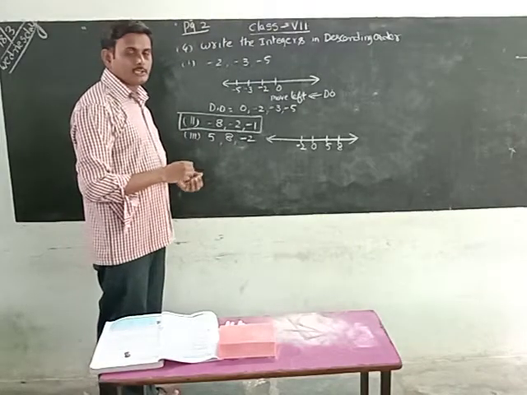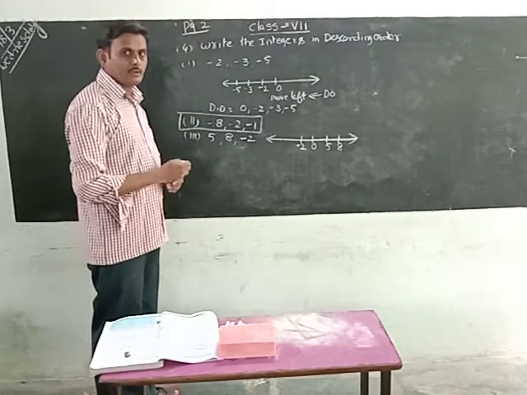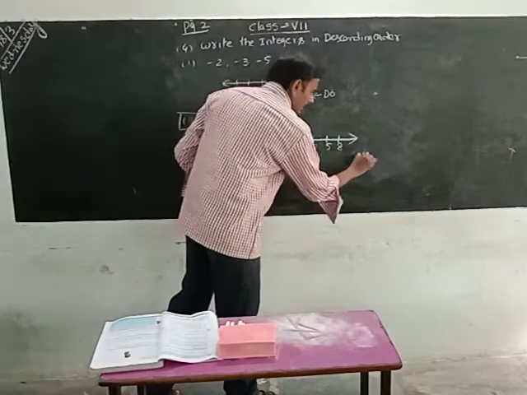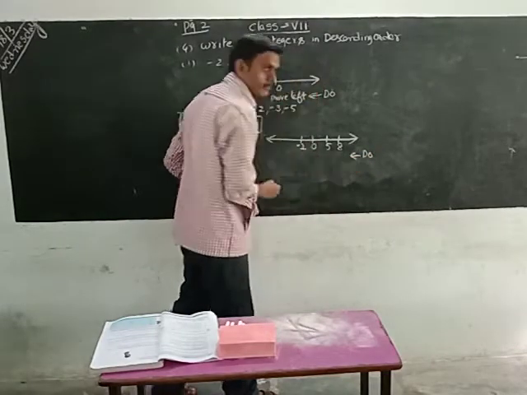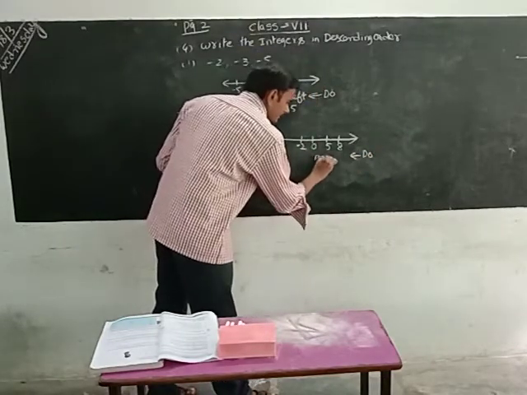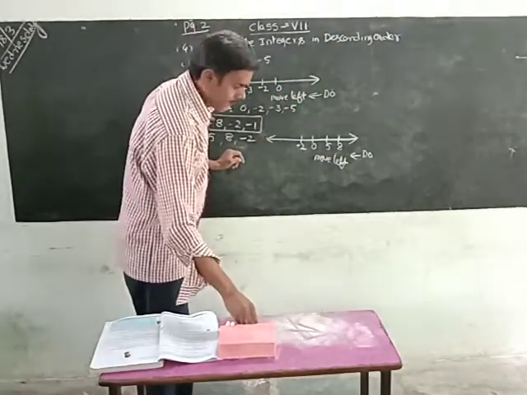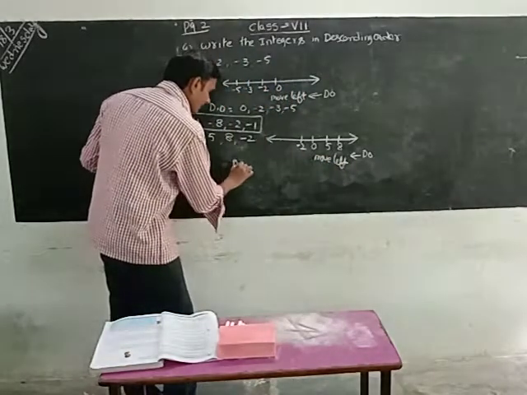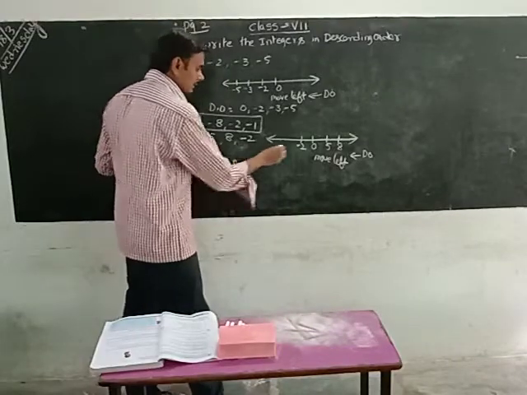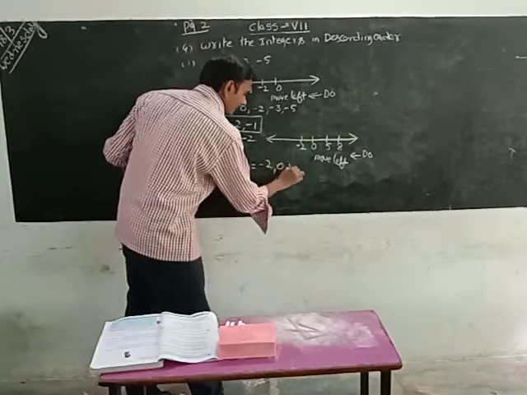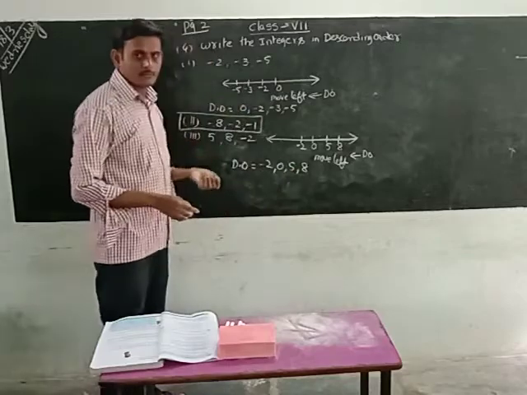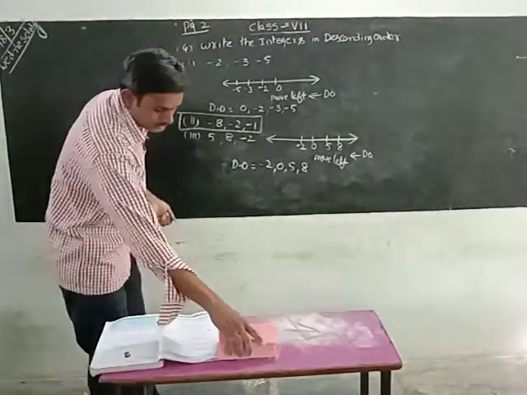Now I want descending order. Descending order means move left. Descending order equal to minus 2, 0, 5, 8. That is the descending order.